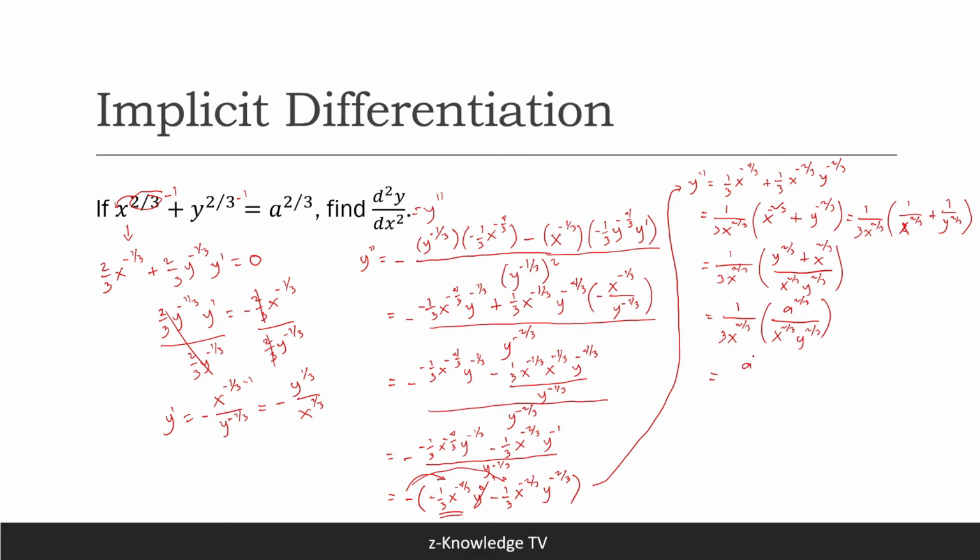Matitira is a raised to 2/3 over, magiging 3. Then, itong x raised to 2/3 times x raised to 2/3 is x raised to 4/3. Then, y raised to 4/3. Okay? Therefore, 'yung y double prime natin, o 'yung tatawag natin na d squared y over dx squared is a raised to 2/3 over 3 times x raised to 4/3 y raised to 2/3. Okay? Ito 'yung final answer natin.